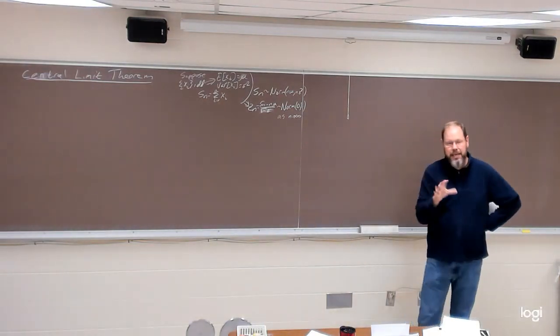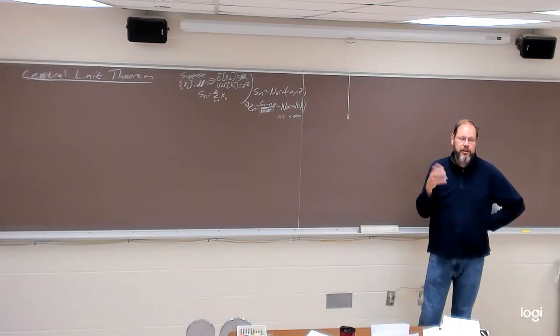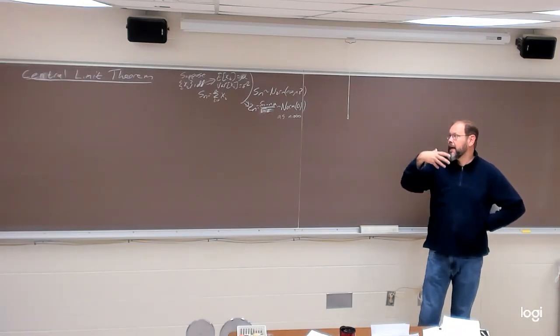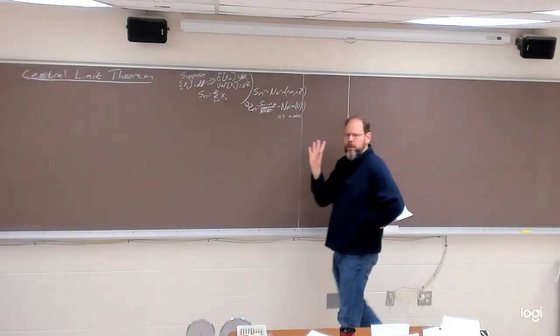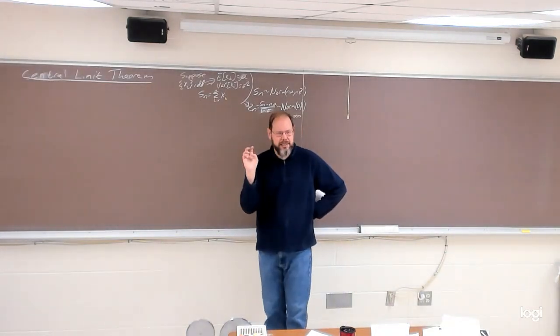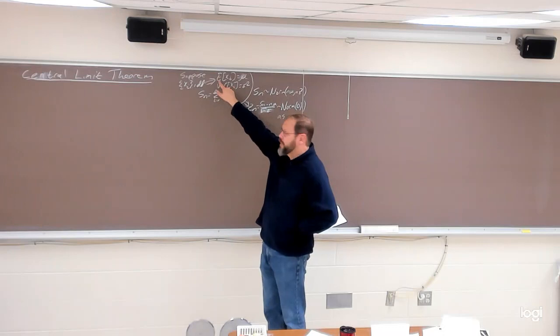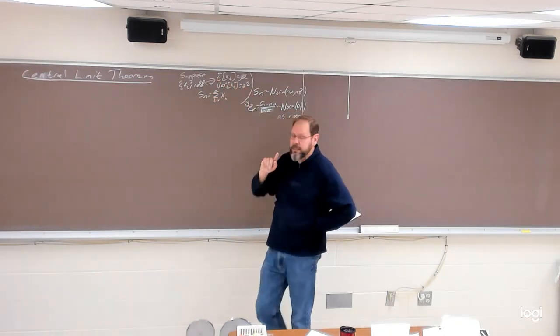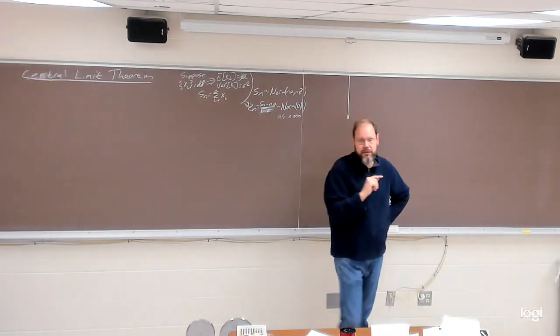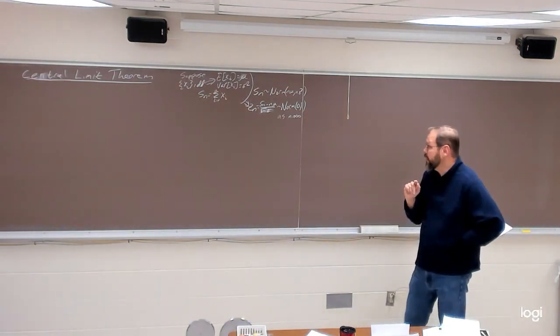So these X_i's are all independent of each other, right? Or they're independent and they have the same distribution. And let's say we don't know what that distribution is. It actually doesn't matter for the most part, right? But let's just say we know that the expected value of the X_i's is equal to mu, and the variance of those X_i's is equal to sigma squared.